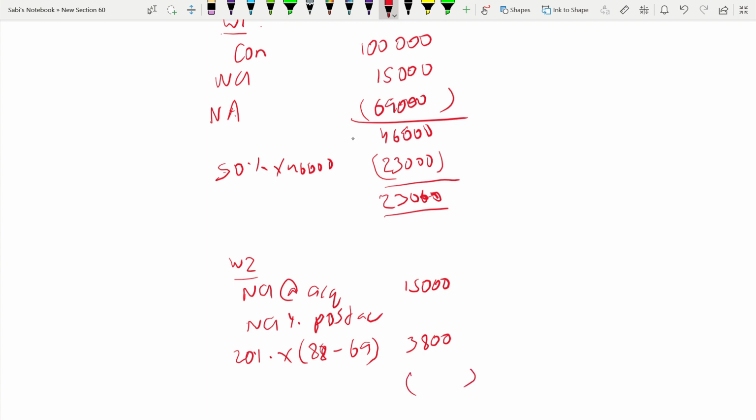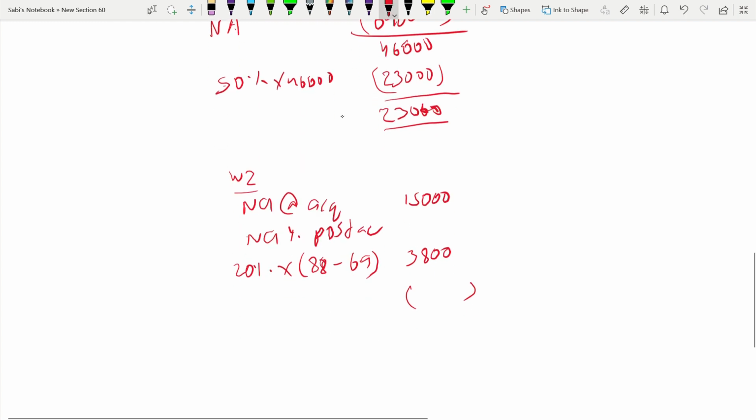And you have to deduct NCI. Remember, when you're having an impairment, you have to take the NCI percentage of that also. It's an expense, which will reduce your profit. This is the full goodwill method, so you have to take the NCI percentage of impairment, which is 20% of 23,000.